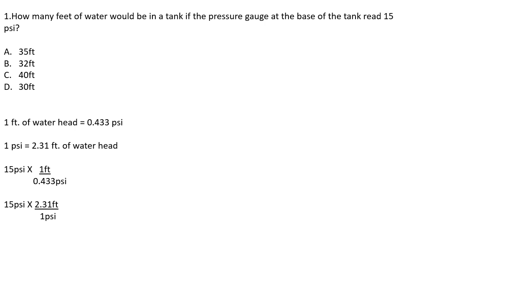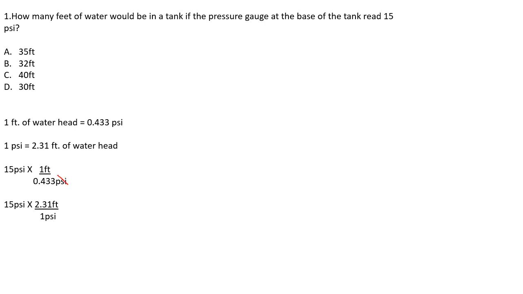So we have 15 psi. So for 1 foot of water head is equal to 0.433 psi, the 0.433 psi is going to go on the bottom. And for the 1 psi is equal to 2.31 foot of water head, the 2.31 feet is going to go on the top so that the psi cancels out. So we're going to do our multiplication. 15 times 1 over 0.433 psi.